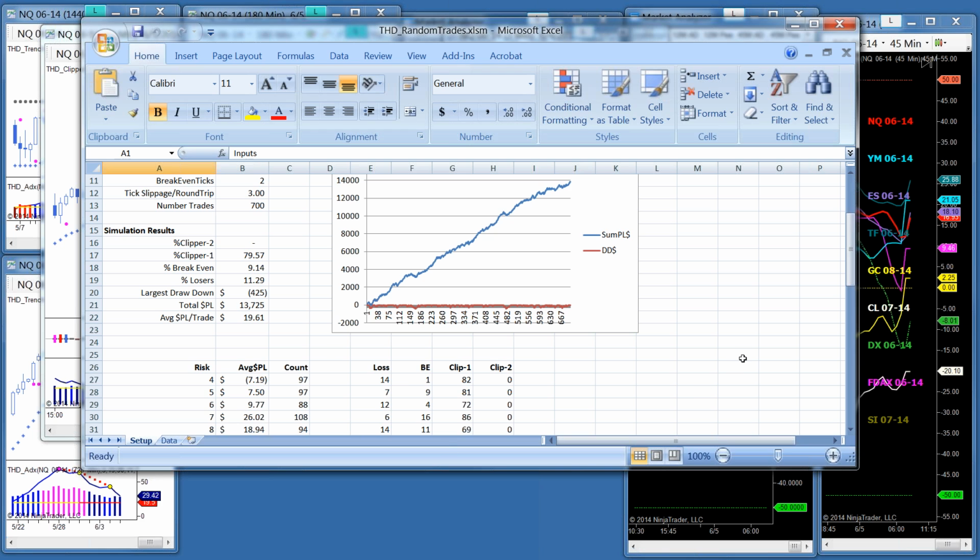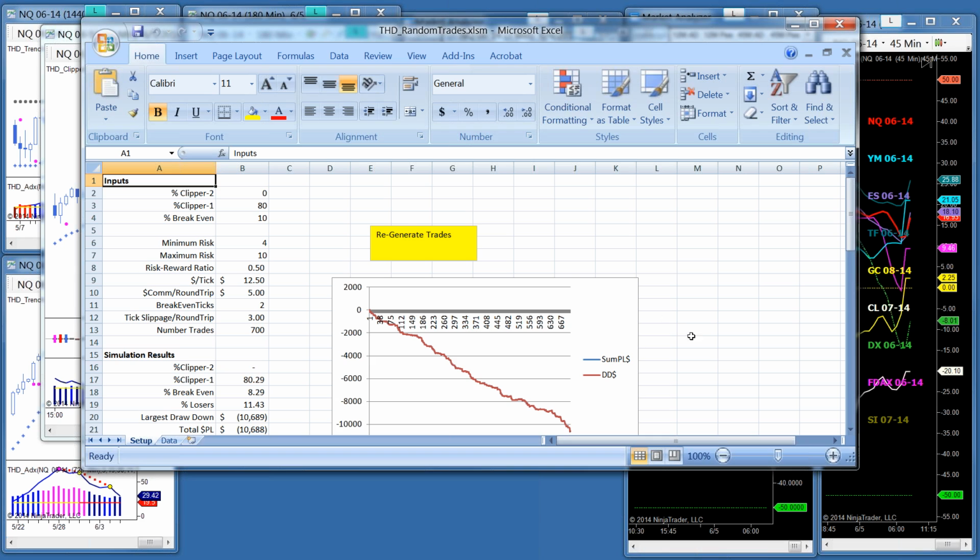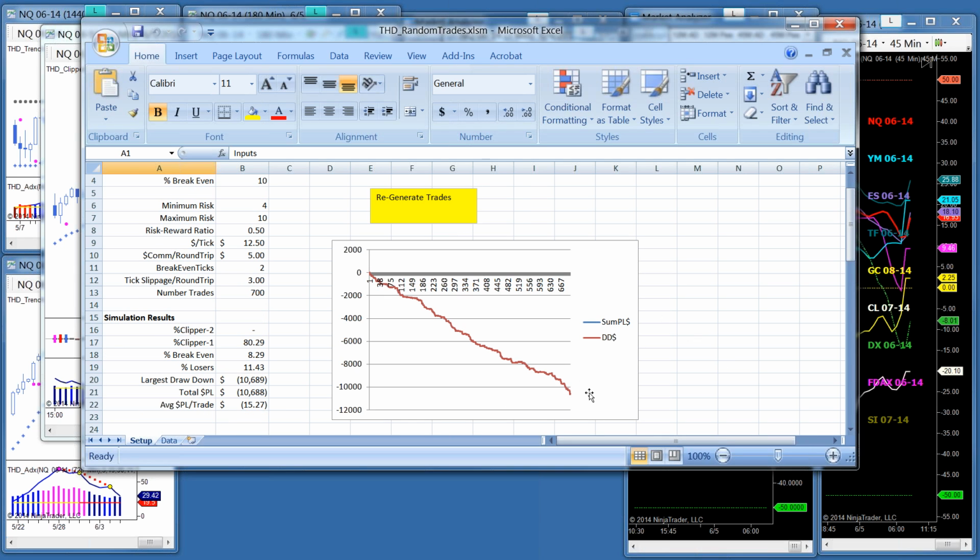And if you want to go an inverse, and I've seen traders that use the inverse, okay? So in this case, the risk to reward is 1-to-1. Let's go 0.5. Even at 80%, you are never profitable.